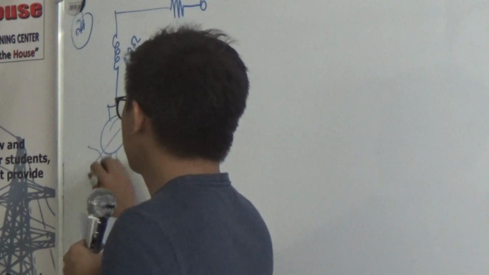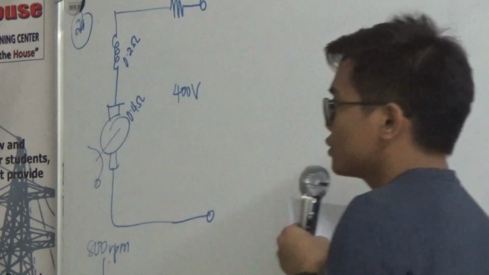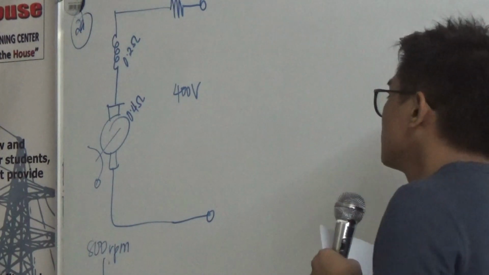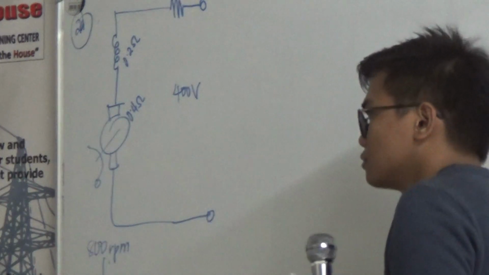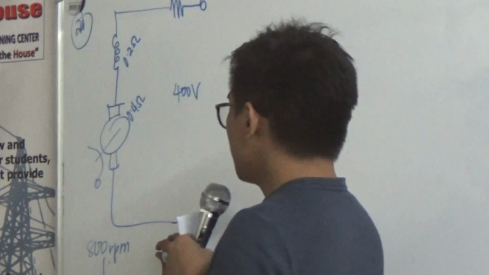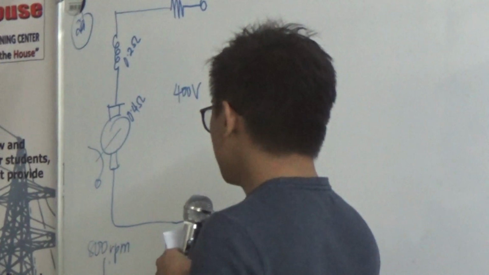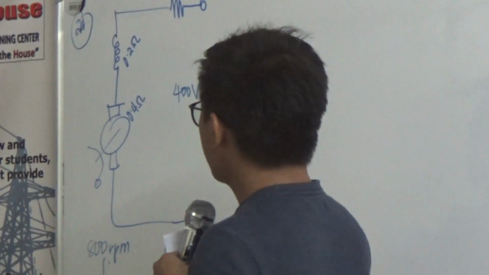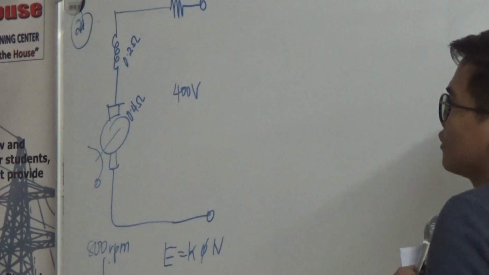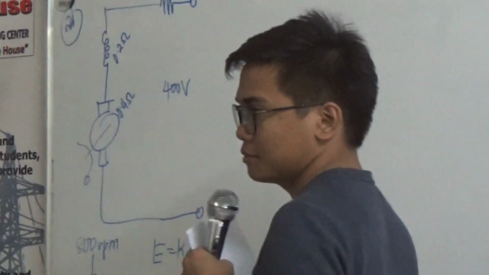So paano daw natin ma-reduce? With the same current. Okay, we have formula, di ba? E is equals to K flux N. Sabi, same current.